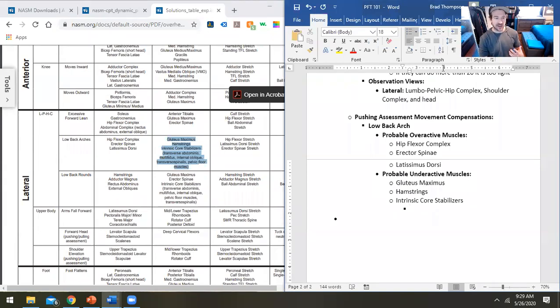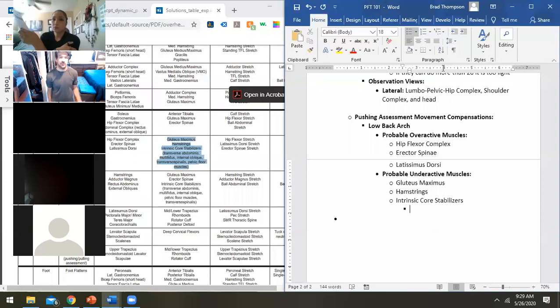This is where I did that big rant: there's a difference between your core and abs. Those are not the same things. Your core is everything surrounding your spine and below it. So for the intrinsic core stabilizers, rather than just focusing on the muscles that move you into spinal flexion, like your rectus abdominis, we're going to look instead at your transverse abdominis.